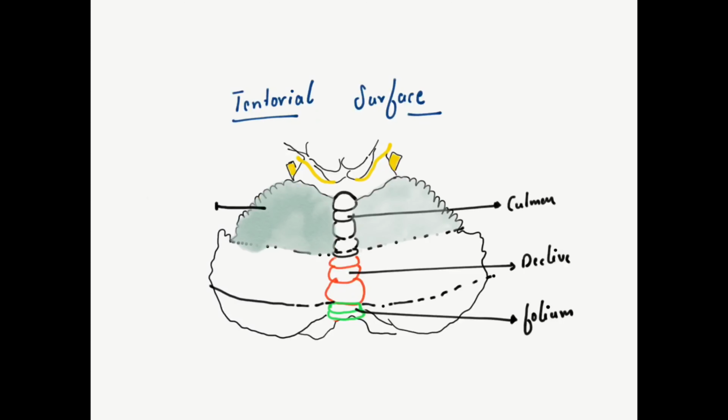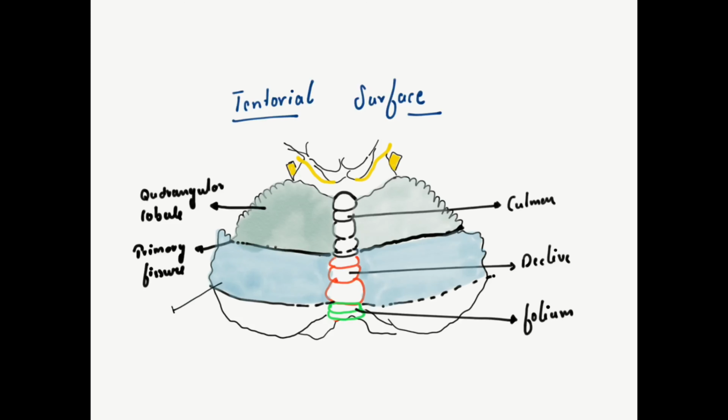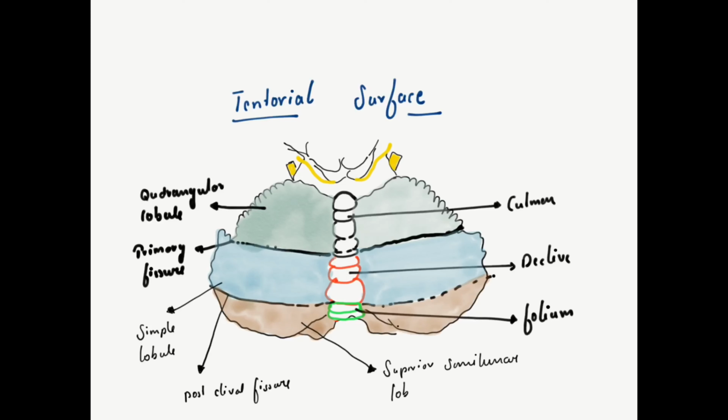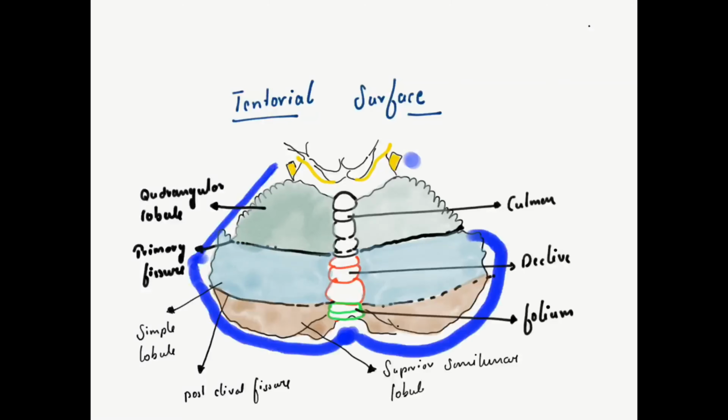Accordingly, the quadrangular lobule corresponds to culmen, this being the primary fissure. Then we have the simple lobule corresponding to declive, and this is the postclival fissure. And this is the superior semilunar lobule corresponding to folium, and this is the superior petrosal sinus draining into the transverse sinus.